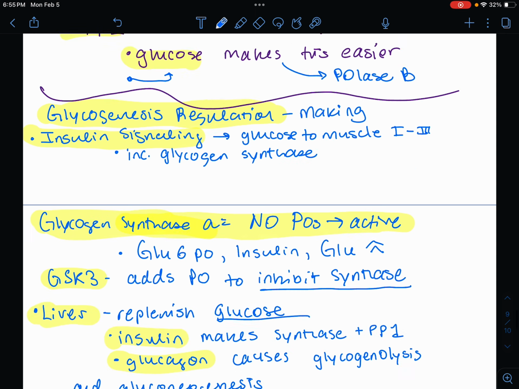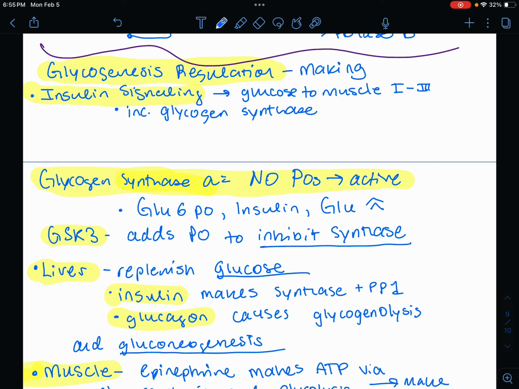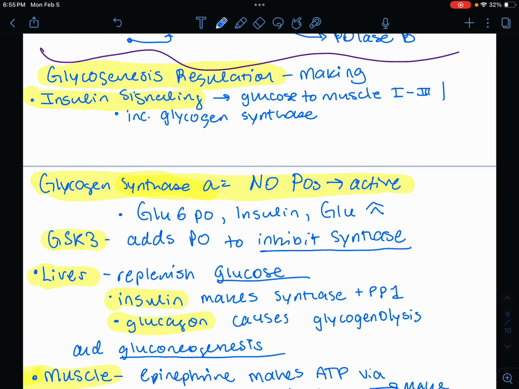All right, now let's go to the insulin signaling pathway. Sorry, we had to take a detour there. So this is again going to be glycogenesis regulation. It will increase glucose import into the muscle. We're also going to increase the activity of hexokinase 1 to 3.